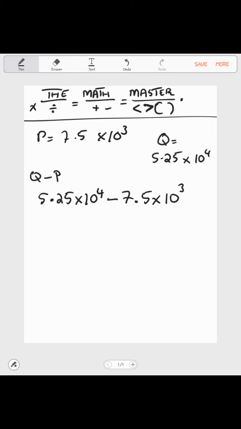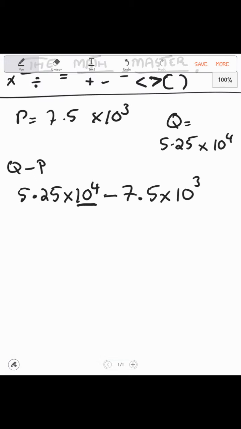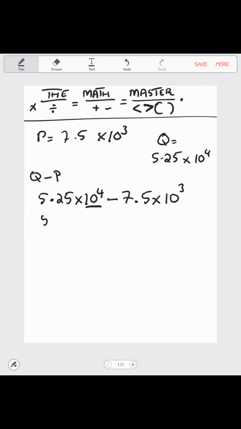Now we have to make it 10 cube. This 10 right here should be made 10 cube in order to subtract them. So we can easily write down like this, 5.25. Now if we shift the decimal right here, it would give us multiplied by 10 cube. Very easy.